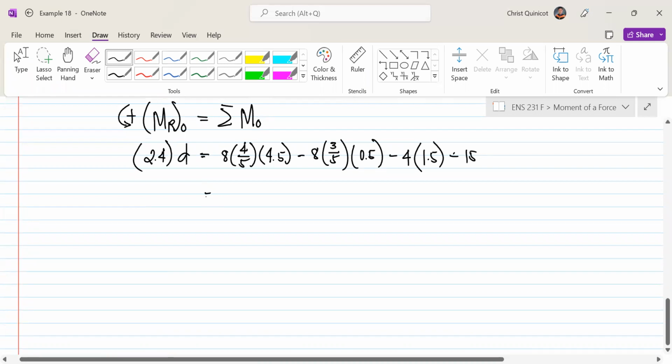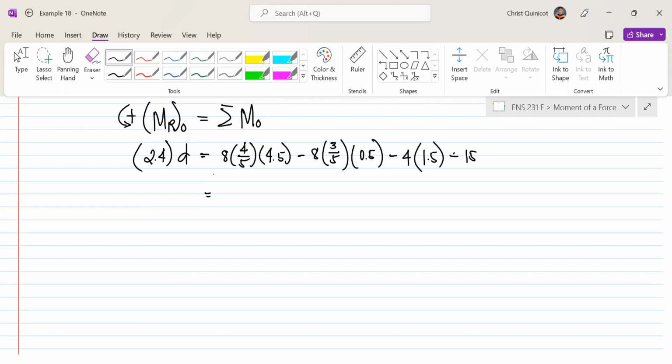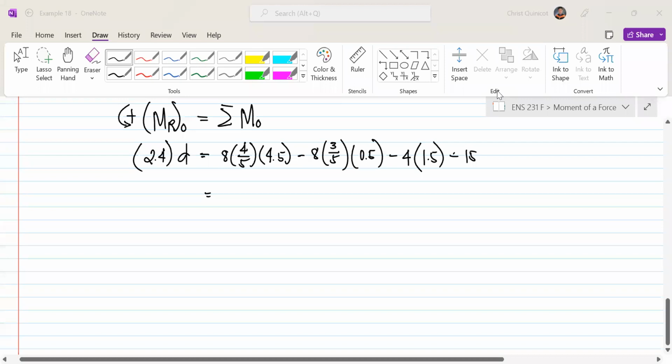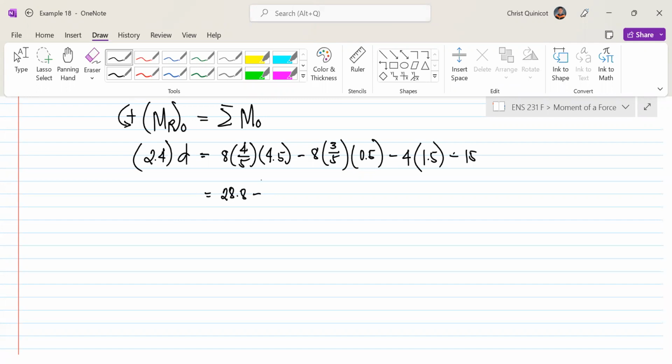This is equal to 8 times 4/5 times 4.5, which is 28.8, minus 8 times 3 times 0.5 divided by 5, which is 2.4, minus 4 times 1.5, which is 6, minus 15.